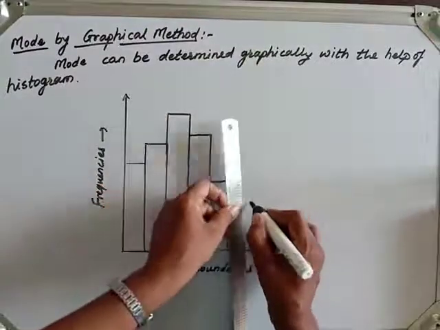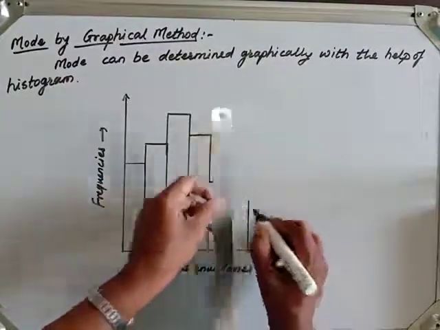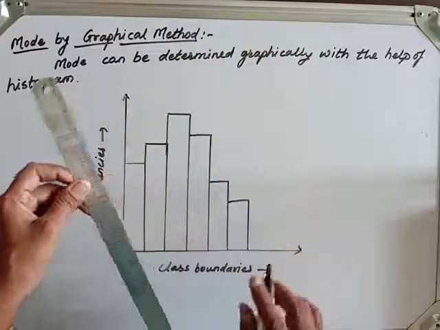Suppose these many classes are given and we have drawn a histogram as such.